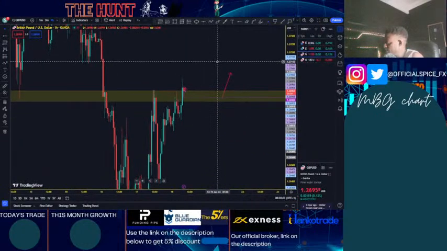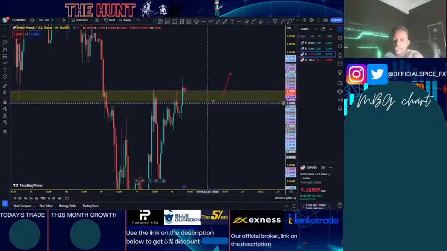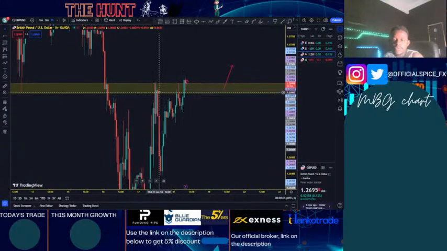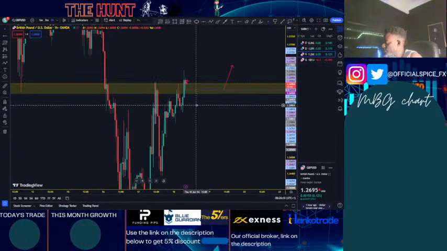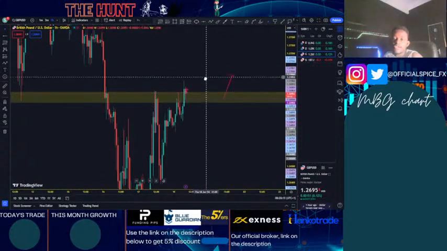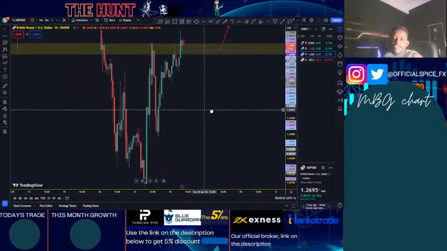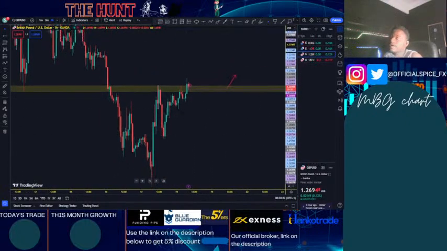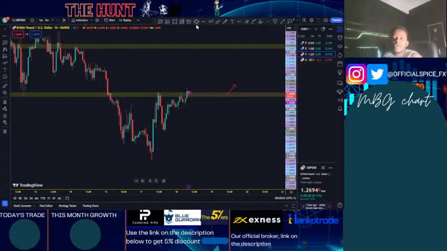Okay, so basically yesterday this was the zone where we sold right here. And today we're looking for sells. The reason is because I can see this upper movement right here, this upper channel.